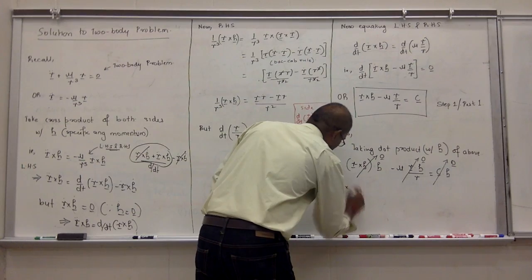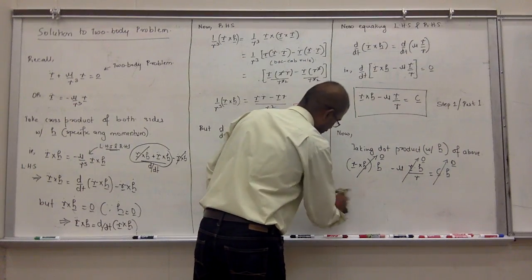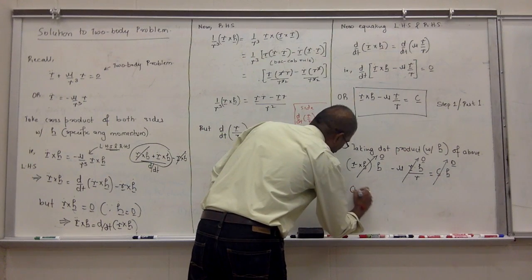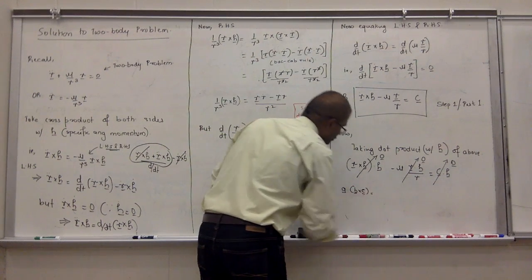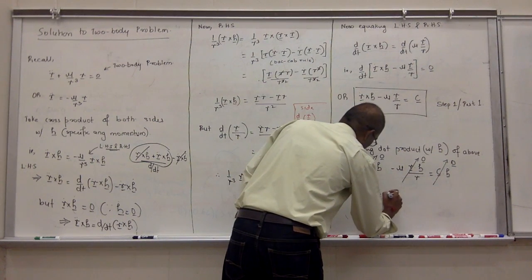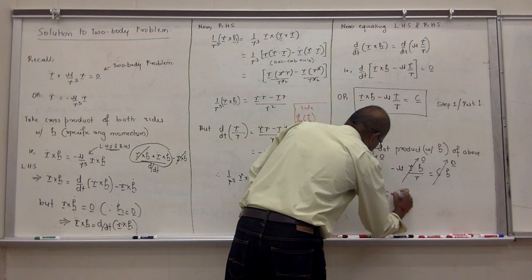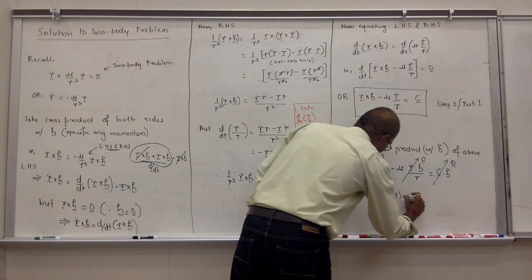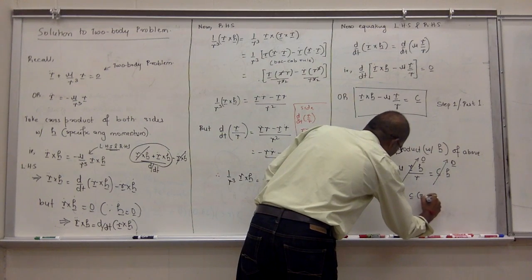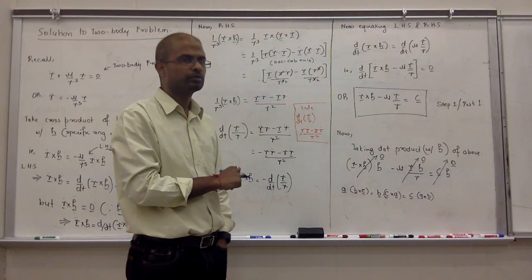A dotted with B cross C is equal to B dotted with C cross A is equal to C dotted with A cross B. We can cyclically rotate, right?